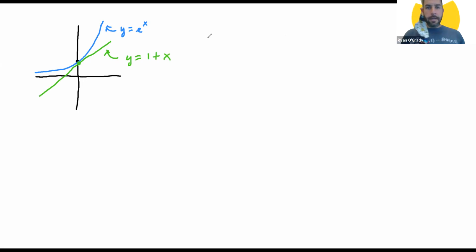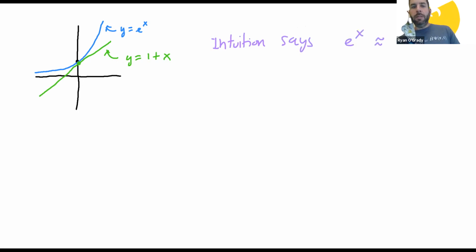And so here's the idea, the intuition. The intuition says that e to the x is approximately 1 plus x when x is approximately 0.